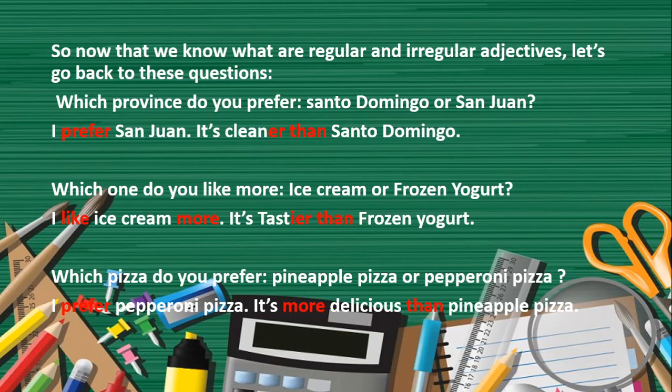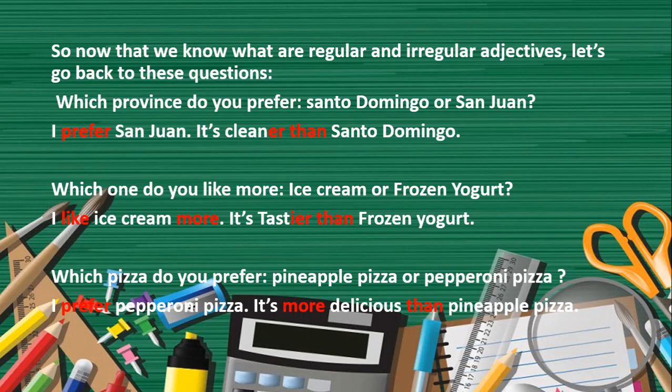It's cheaper than iPhone. Which one do you like more, ice cream or frozen yogurt? I like ice cream more. Why? My friend, ice cream is tastier than frozen yogurt.